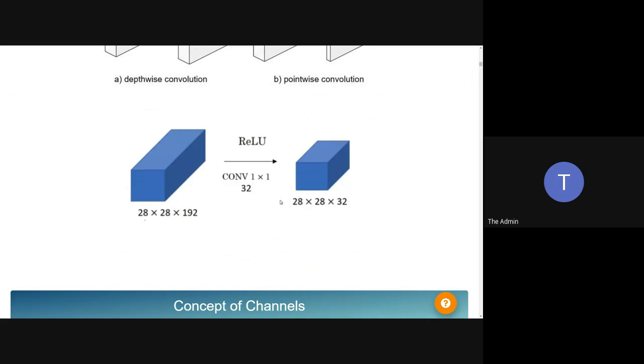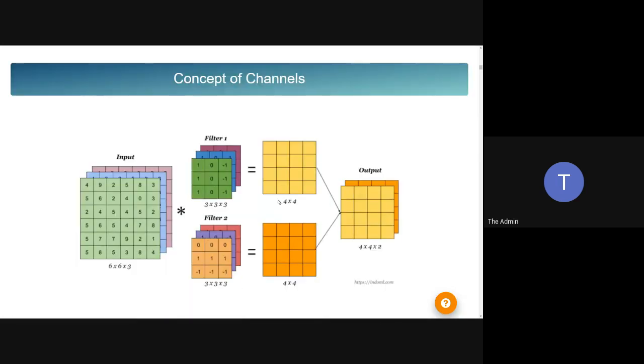So that's 1 cross 1. We have seen that. Then we looked at the concept of channels. Here, the input has 3 channels. That means our kernels should also have 3 channels. Here we are using 2 kernels. We also call them filters. They're going to give us 4 cross 4. Now, if they're giving us 4 cross 4, what is the stride we're using right now?